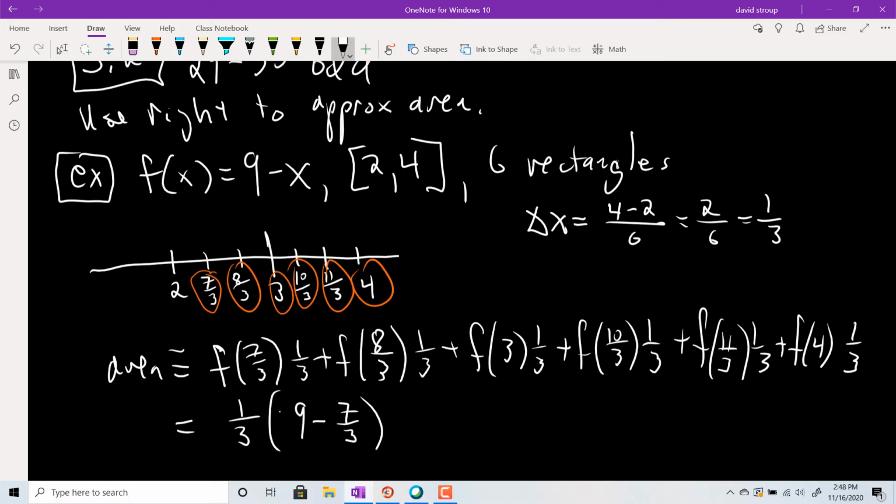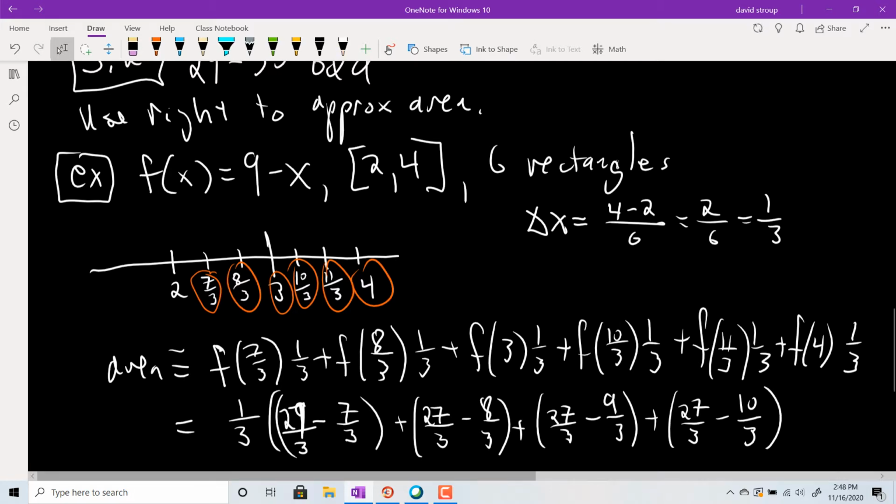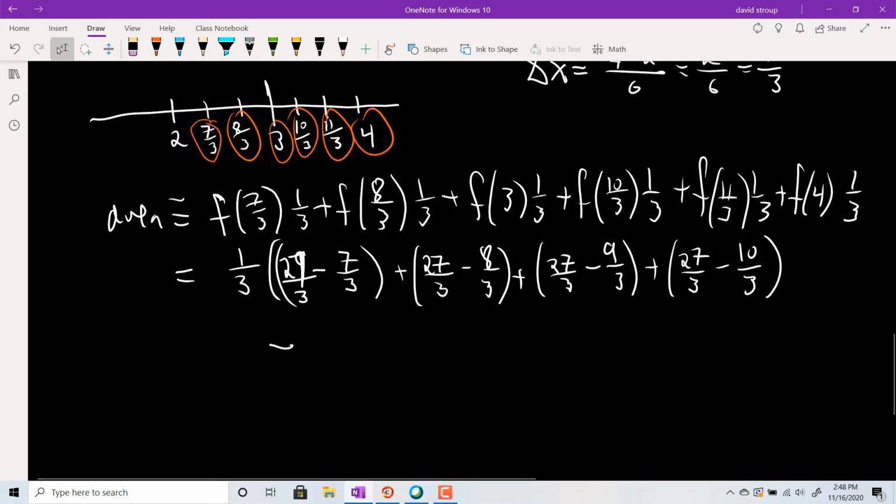So, 27/3 minus 7/3, and then plus 27/3 minus 8/3, and then plus 27/3 minus 9/3, plus 27/3 minus 10/3, plus 27/3 minus 11/3, plus 27/3 minus 12/3.